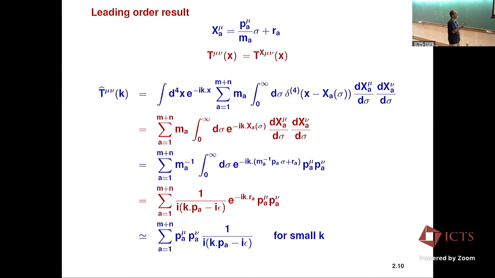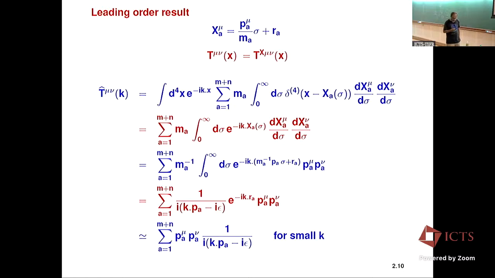So to calculate this T_x, we have to know the trajectory, and in the leading order, the trajectory is that of a free particle. So this is the proper velocity, sigma is the proper time, so x mu is proper velocity times proper time, and then there is a constant term that you can add. But this will basically drop out in the final expression. So these constants R_a tell us, in some sense, the size of the scattering region.